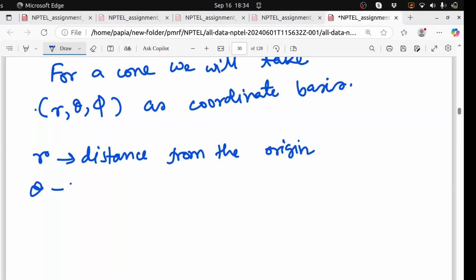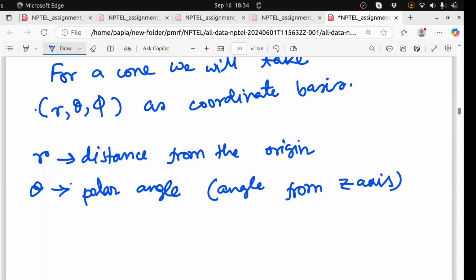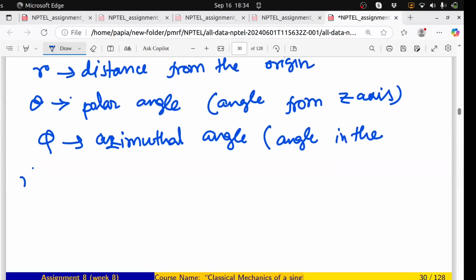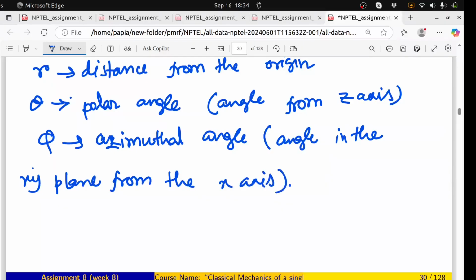Theta is the polar angle, basically the angle from the z axis. And phi is the azimuthal angle, the angle in the xy plane from the x-axis. Okay, so these are r, theta and phi.